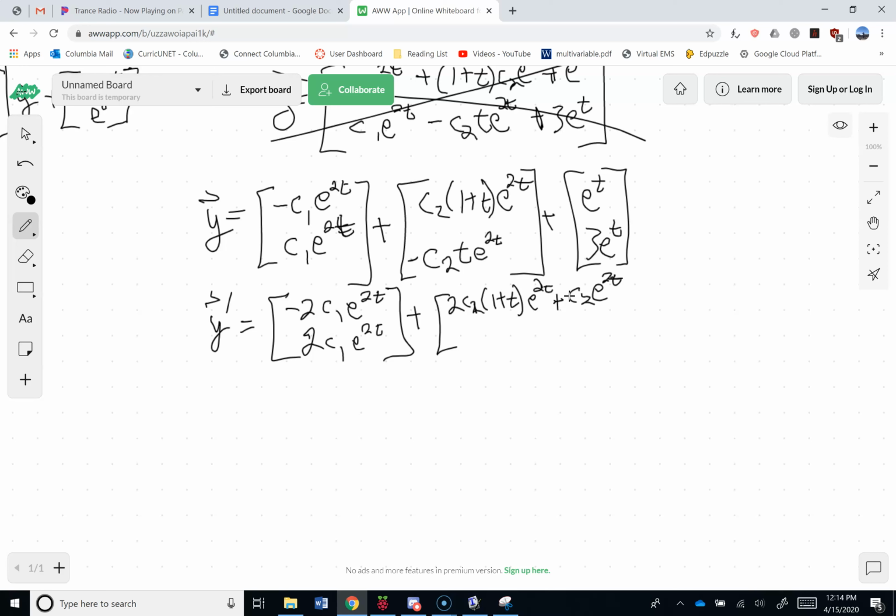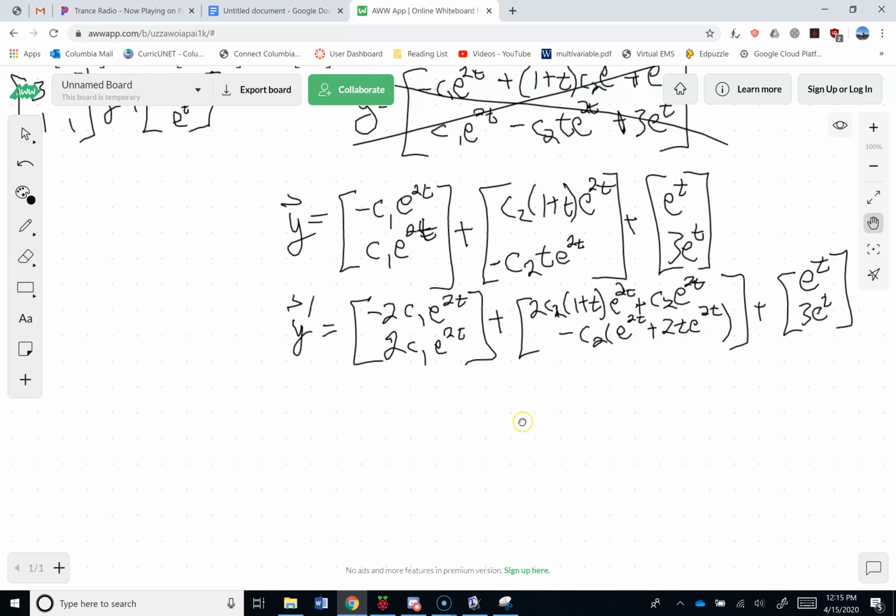And the bottom there is going to be minus c2 times e to the 2t plus 2t e to the 2t. And then my last term is going to be e to the t and 3 e to the t. Cool. I believe so. Okay.